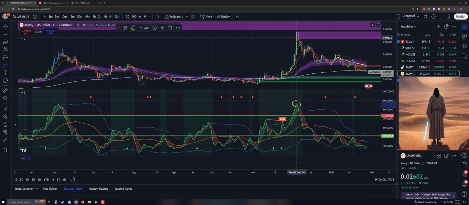So imagine you're waiting for this whole candle to print before deciding if you want to close your position. A 50% move, you don't want to miss that move.